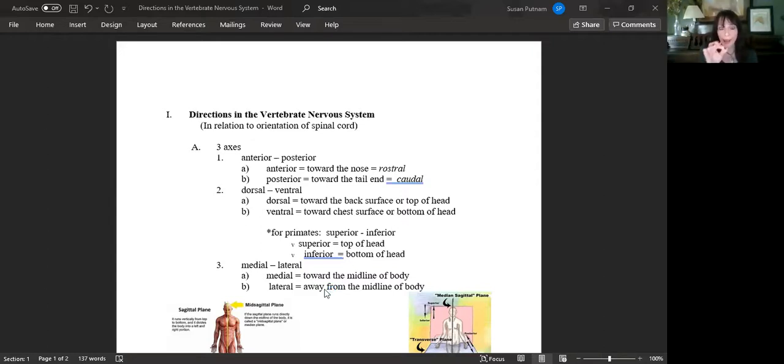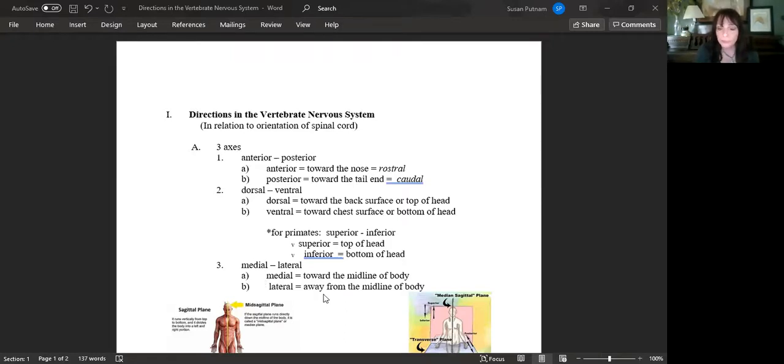And the last axis that I'm going to talk about is the medial and lateral axis. Now, when we're talking about the medial axis here, we're talking about where a structure lies when it's going toward the midline of the body. Here's midline. And lateral is when the structure is farther away from the midline in relation to that basic axis.